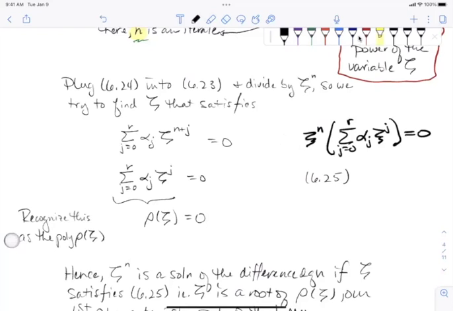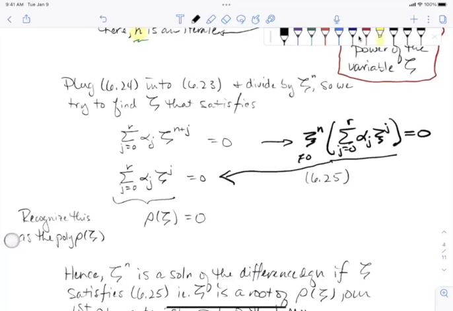So now what you see is that if I factor that zeta to the n out, then what I have is the product is equal to 0. This thing is not equal to 0 for all zeta, so we must have that this other piece must be 0, and that's how we get that expression right there.